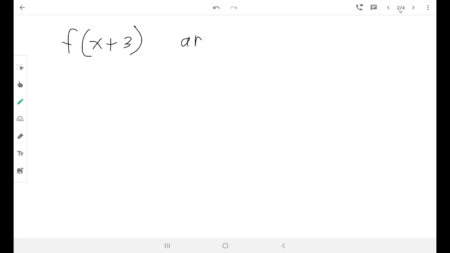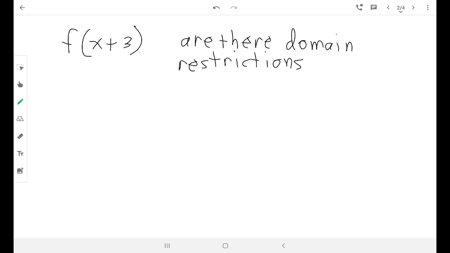So are there domain restrictions for X plus 3? And in particular, for X plus 3, the answer is no. There are no domain restrictions. The domain of G of X equals X plus 3 is all real numbers.